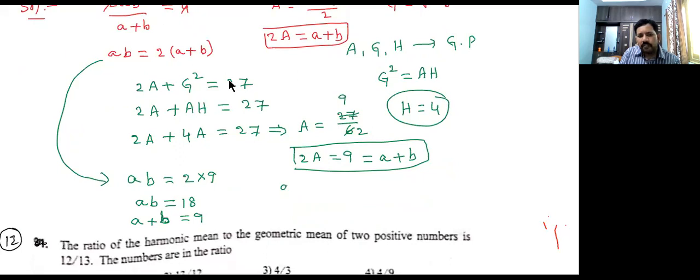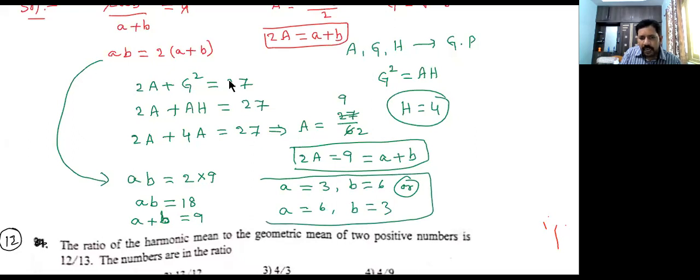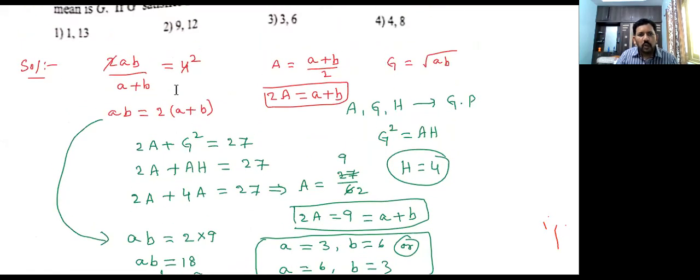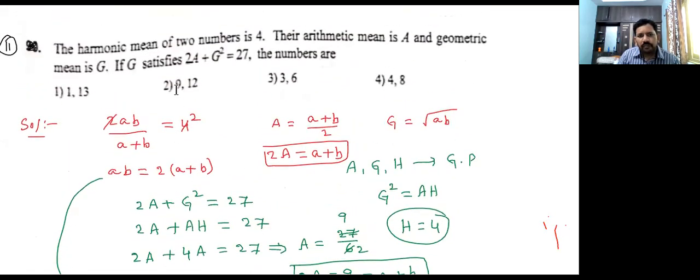Then what about A value and B value? If suppose A value 3 means B value 6, or A value 6 means B value 3. Both are same, but A and B value is going to change. Now see the option. What are the values? The numbers 3, 6. Students, do you understand?